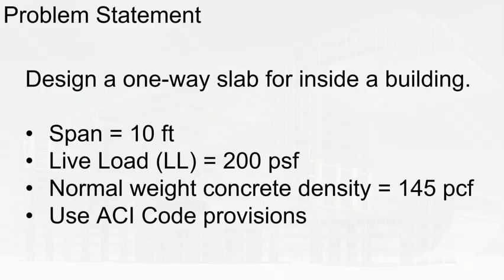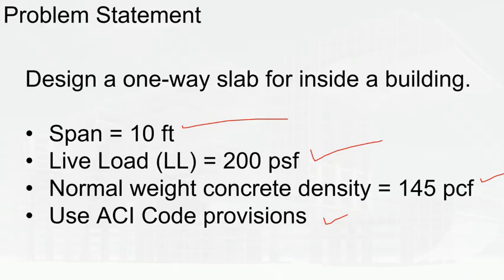So let's write it out. As I have explained, the span is 10 feet, the live load is 200 pounds per square foot, and the density is 145 pounds per cubic foot. What we have to do is use the ACI code provisions to design this one-way slab.